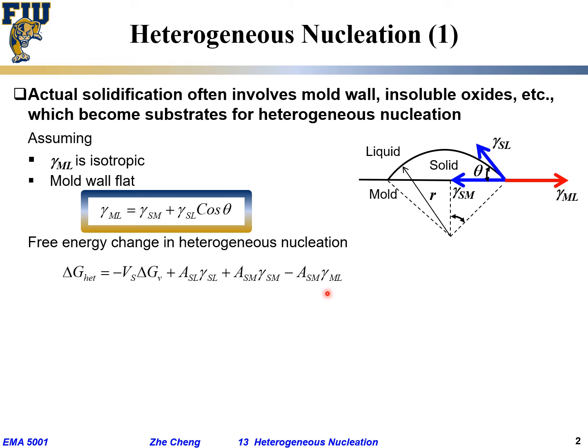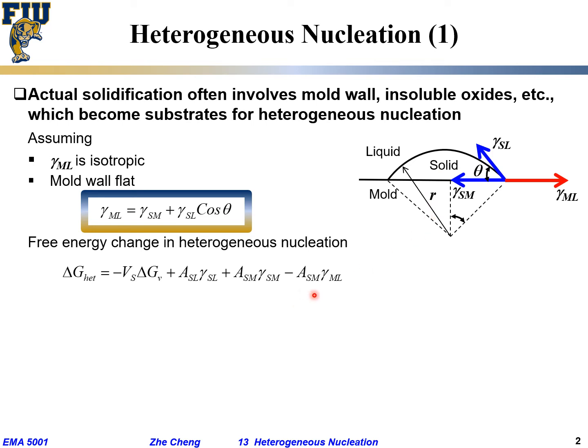Look at this gamma term: between liquid and the mold. Between here and here, we eliminate the interfacial energy between liquid and mold, and the area is the same as solid and mold. Make sense?